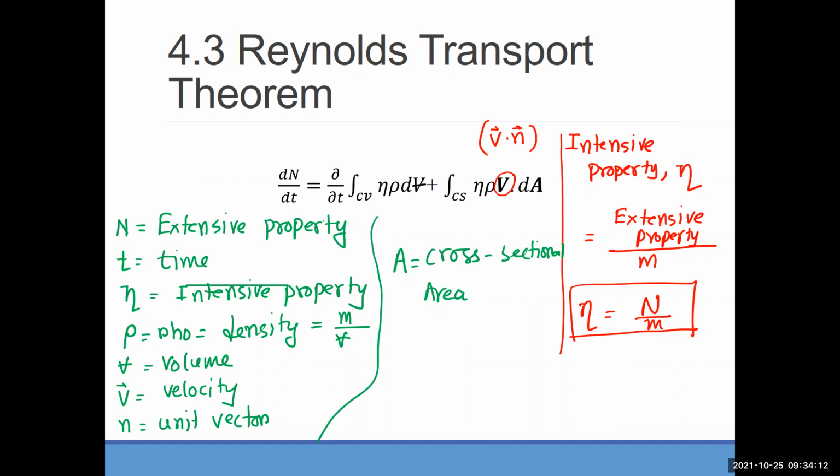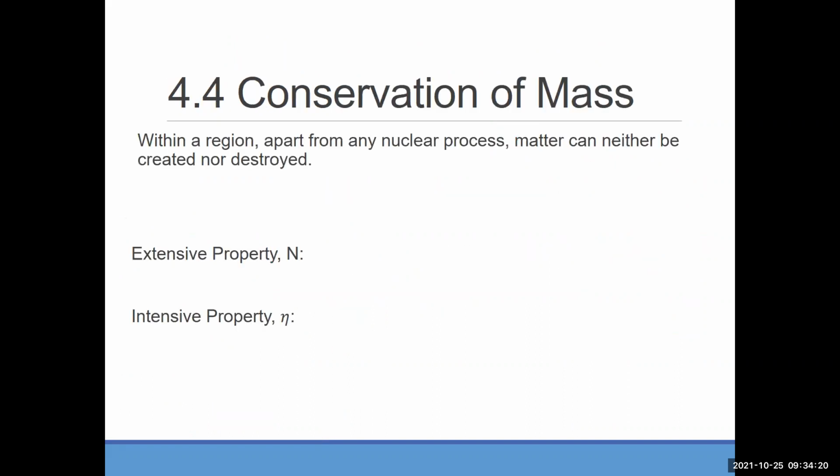But we are not discussing that here because that is a special case. We will just do the normal one, which is within a region, apart from any nuclear process, matter can neither be created nor destroyed, right?